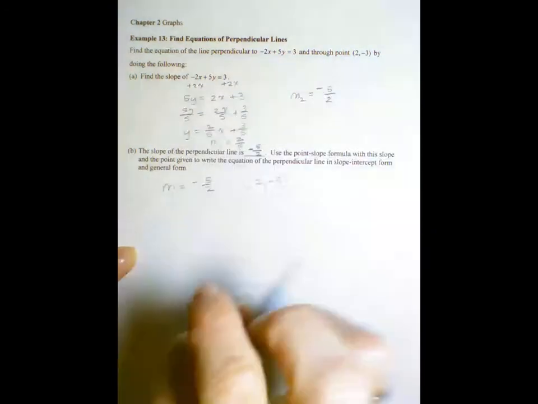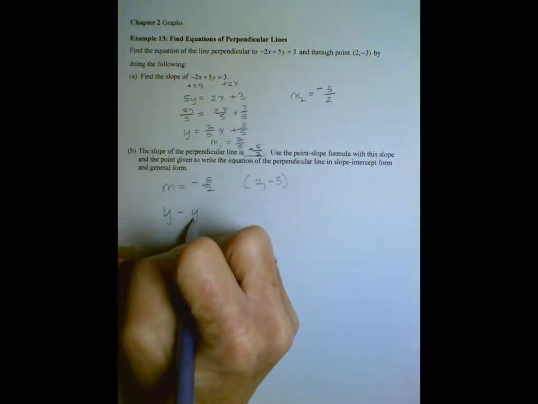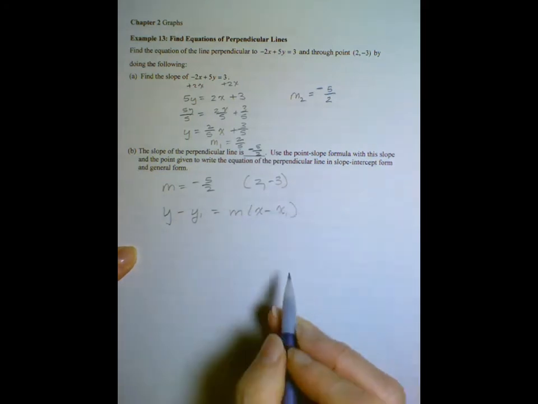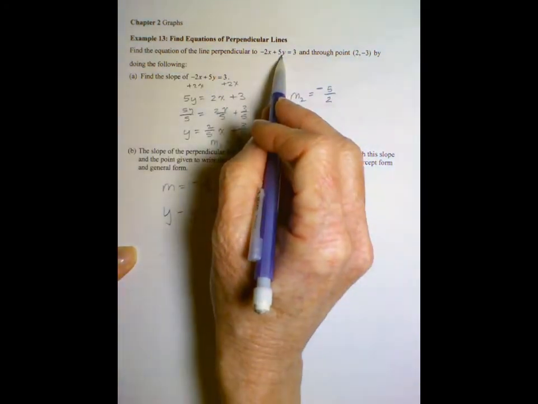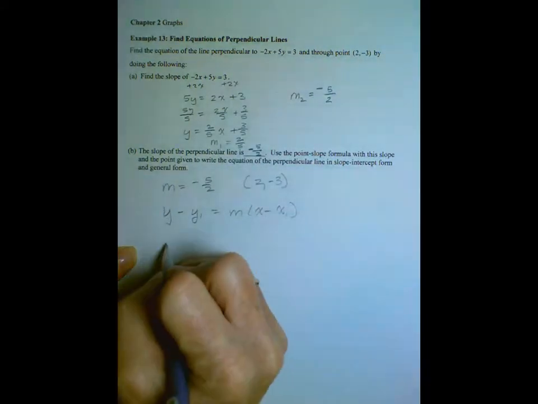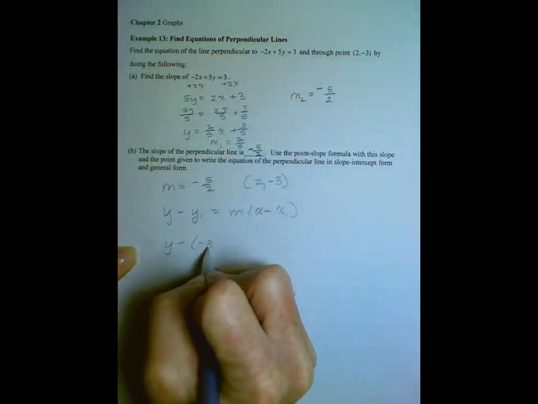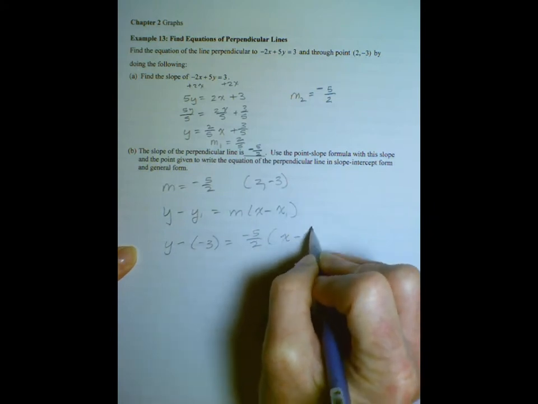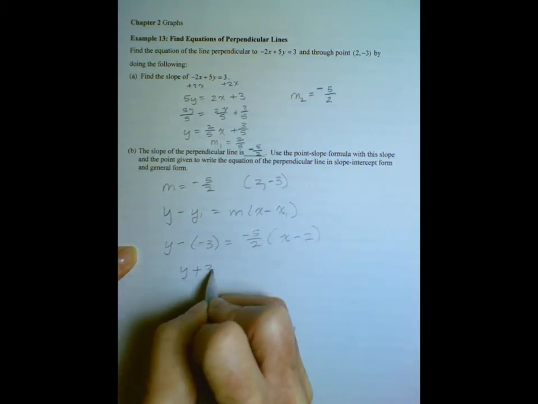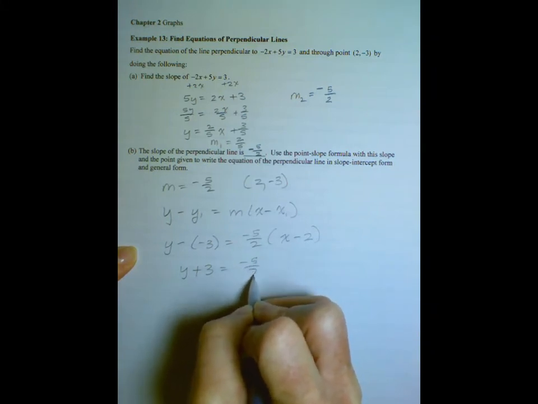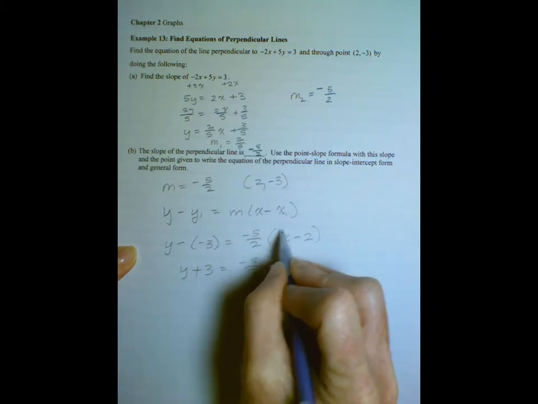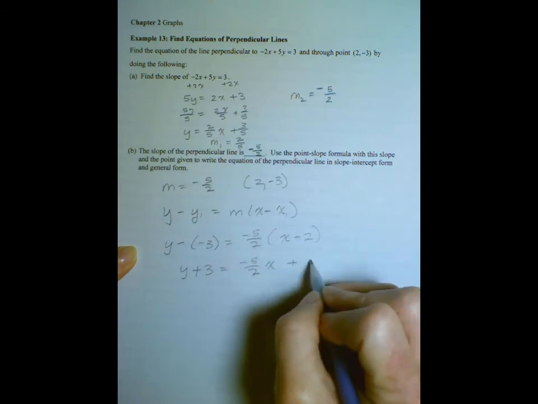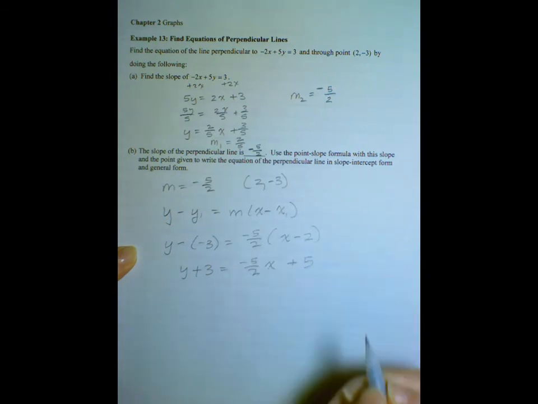They told me that up here. And I'll use y minus y1 equals m times x minus x1 to write the equation of the line perpendicular to this one passing through that point. y minus -3 equals -5/2 times x minus 2. y plus 3 equals -5/2 x, and -5/2 times -2 would be positive, what, 10 over 2 or 5?